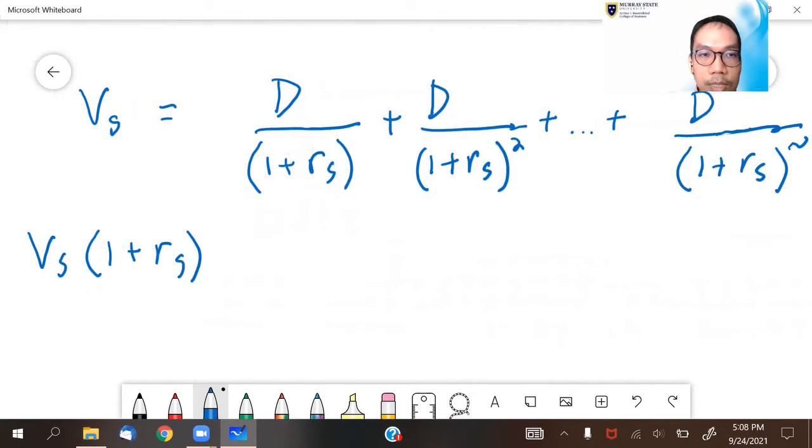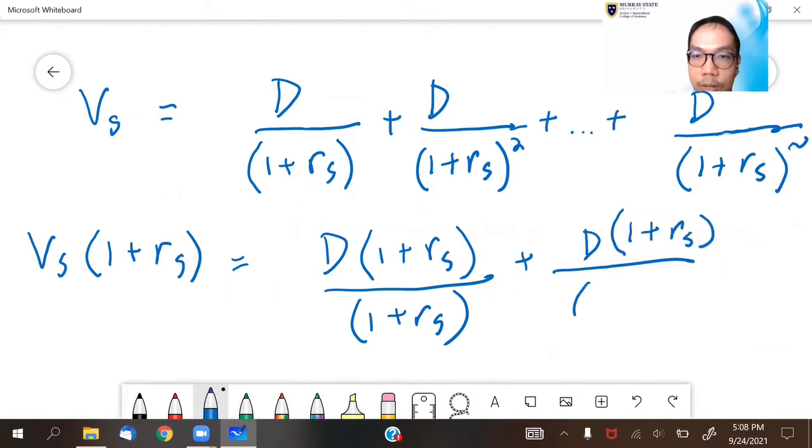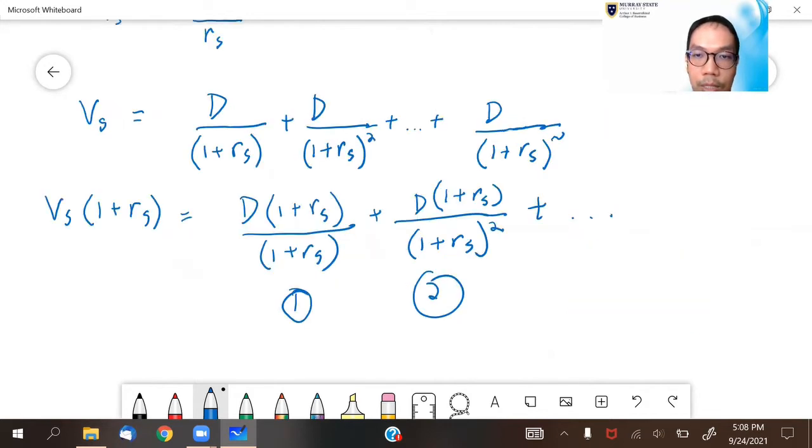So the right hand side will look like 1 plus required return by stockholders divided by 1 plus required return by stockholders, and then the second one multiplied by 1 plus required return by stockholders divided by 1 plus required return by stockholders to the power of 2, and so forth. Essentially this is D1, this is D2, and so forth, right?